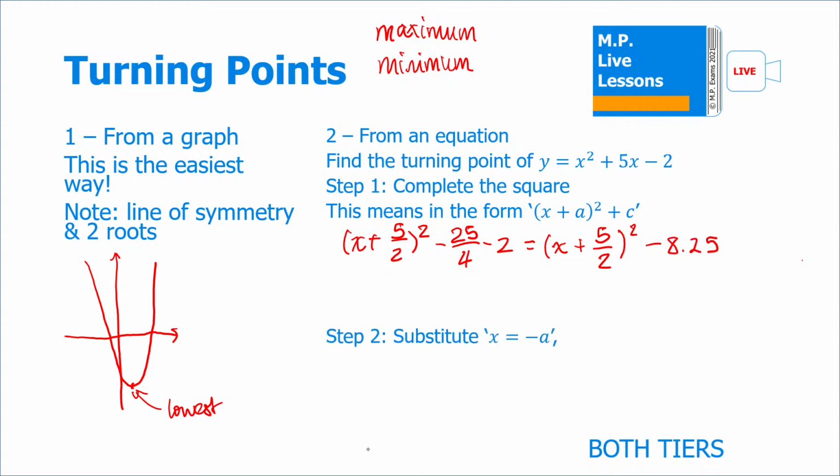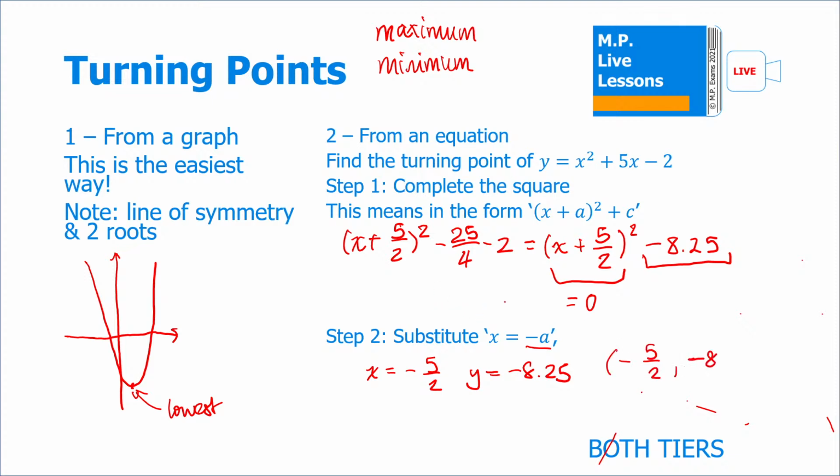Now, what we do is we substitute negative a into x. So what it basically does, it makes this bracket equal 0. So that x is equal to negative 5 over 2. It makes the bracket equal 0. That means you're just left with this here at the end. So that means y is minus 8.25. So your turning point is minus 5 over 2, minus 8.25.